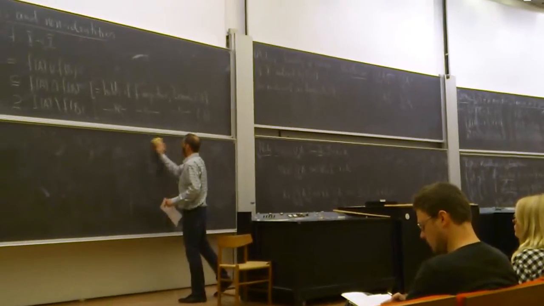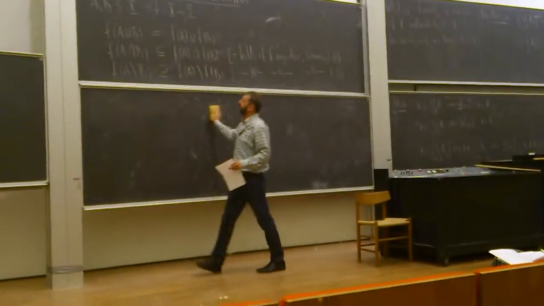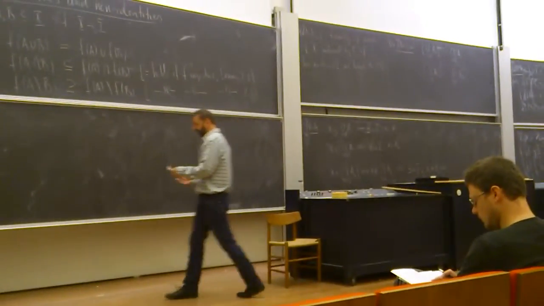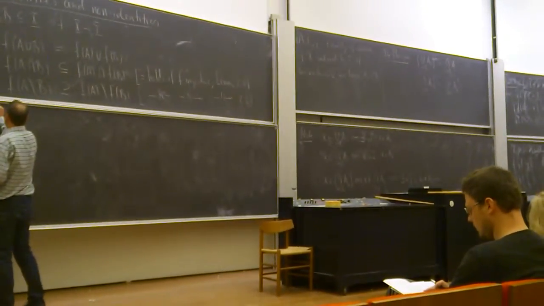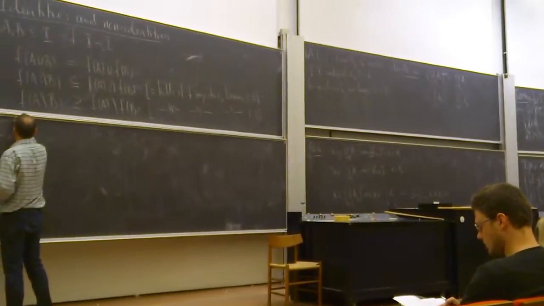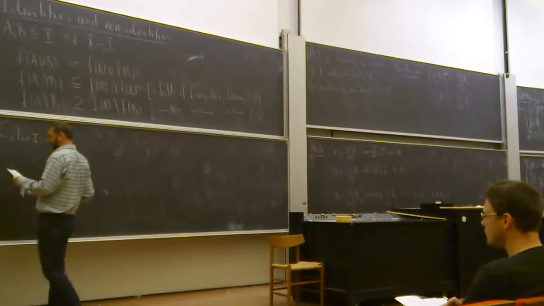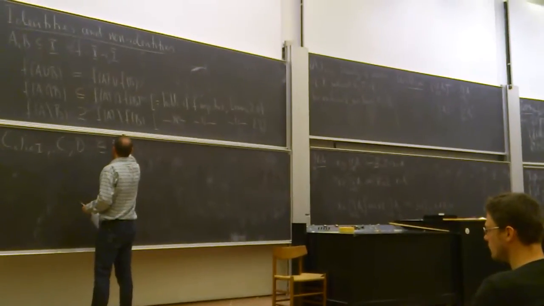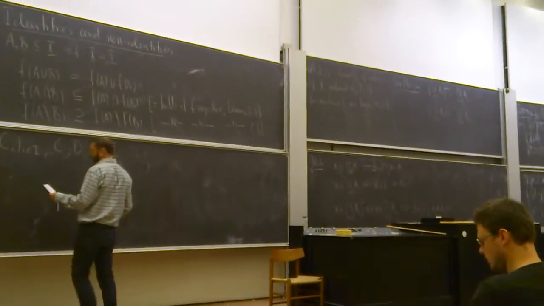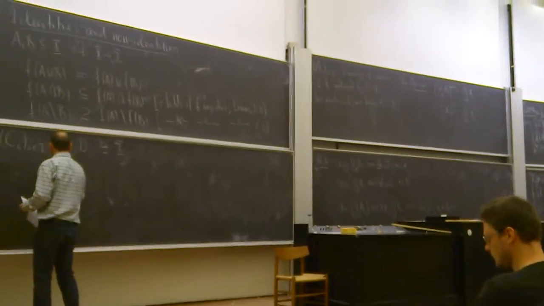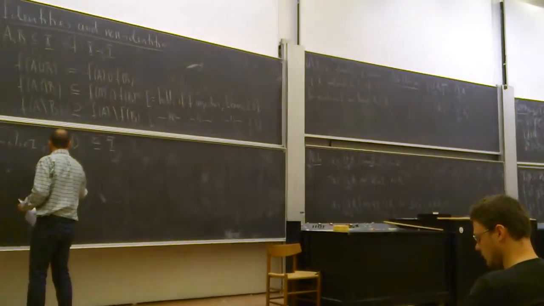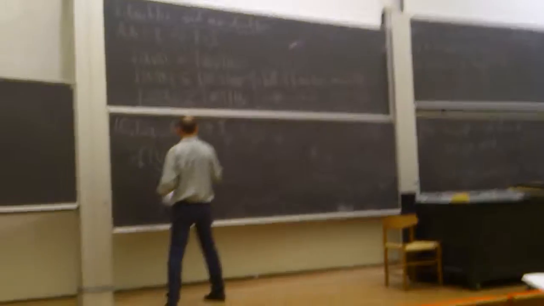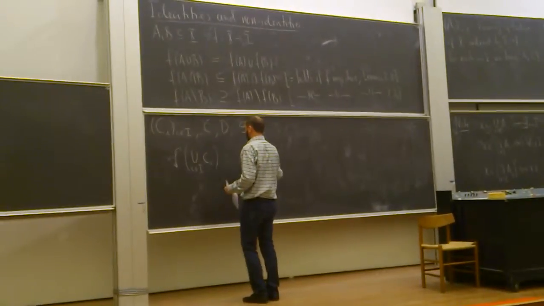Let me then also mention that these are relations concerning images. Pre-images behave much nicer, and this is actually useful to remember. So if you have C_i, a family of subsets of Y, and you have C and you have D, and they're all subsets of Y, and again f goes from X to Y, then if you take the union of the C_i's and you take the pre-image using this definition over there, then this is right here.